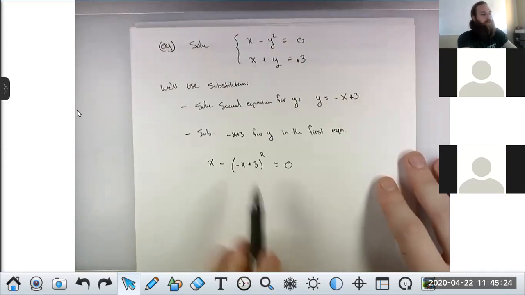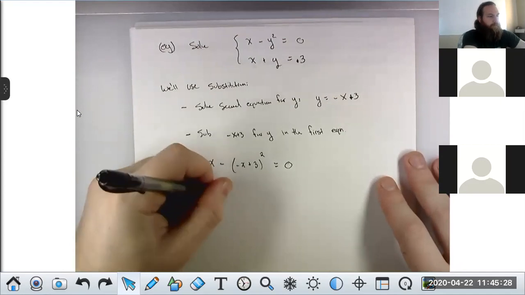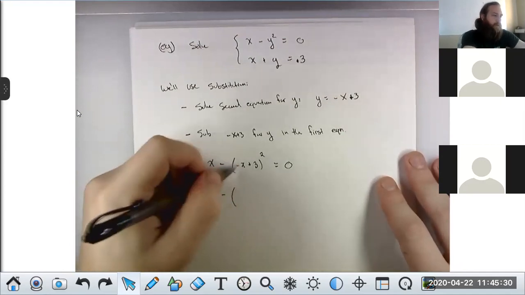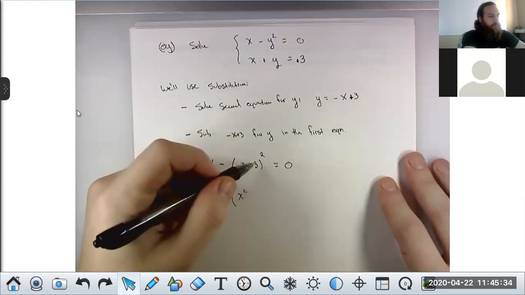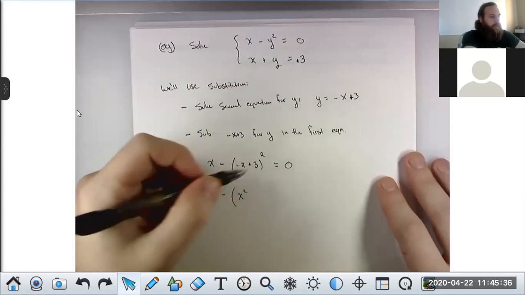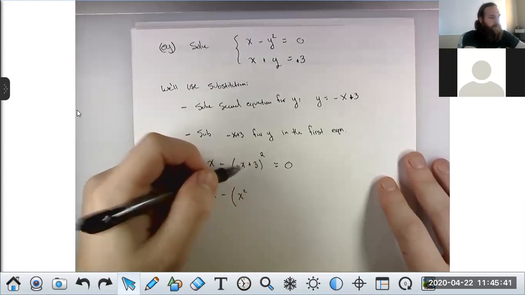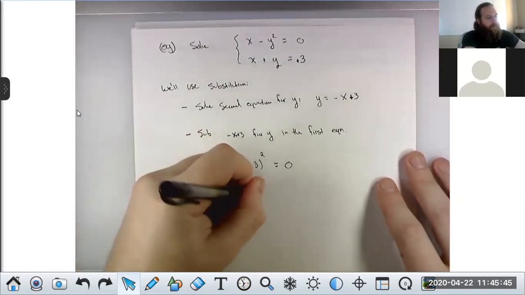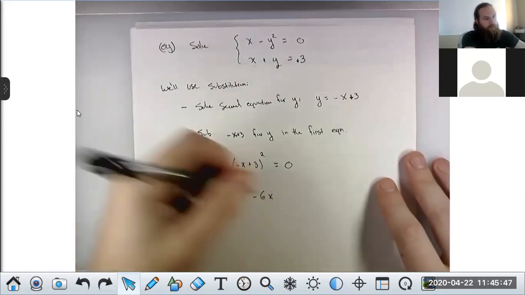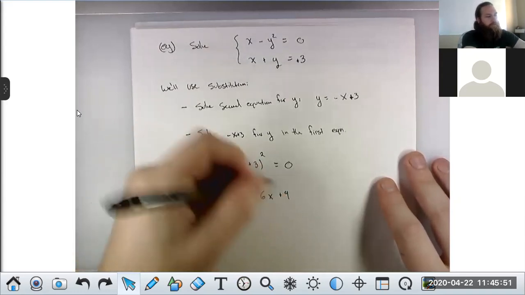And I have to FOIL this out. So that will become x minus negative x times negative x is positive x squared. That's my firsts. My outers, if I multiply negative x times 3, I get negative 3x, and I'll have that twice, so I'll get minus 6x. And then my last, 3 times 3, is plus 9.